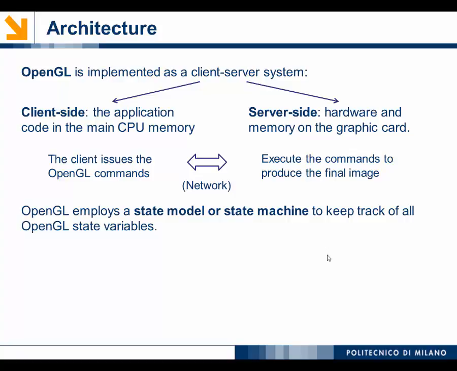OpenGL then employs a state model, or a state machine, to keep track. It works like a state machine basically, and keeps track of all the variables connected somehow to its functions, etc. This avoids the passing of too many arguments on each function call, which is pretty important for performance issues.